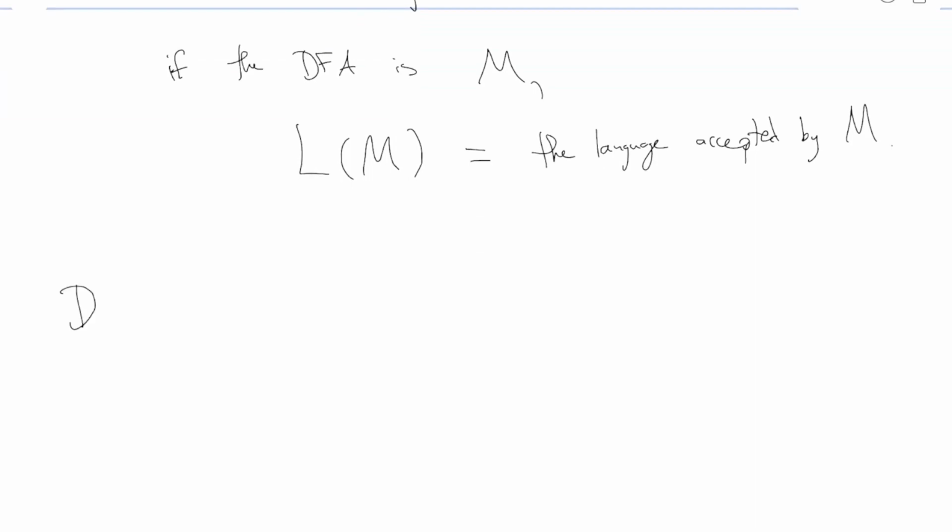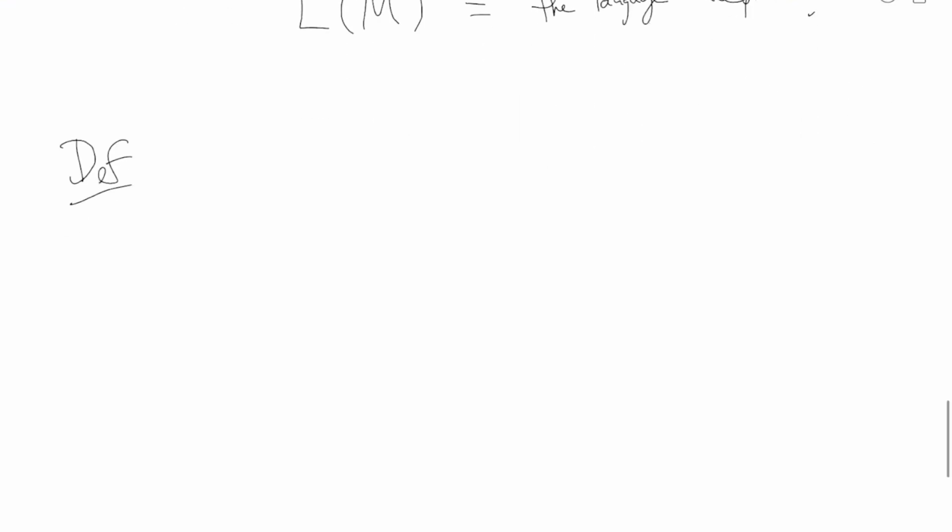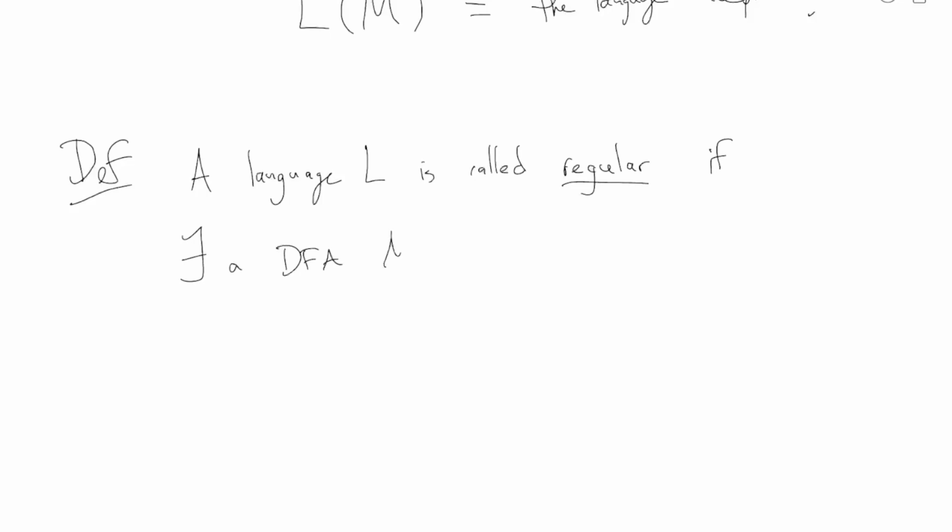And there's a word for that. So I'm going to write a fancy definition, although it's not really a fancy definition. A language L is called regular if there exists a DFA M with L equals the language of M. So certain languages are regular and some are not regular.